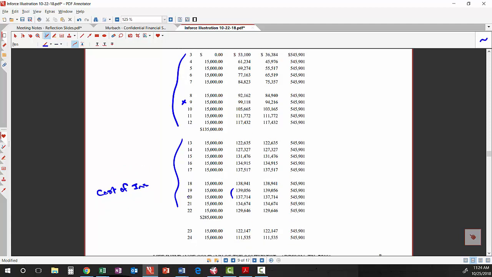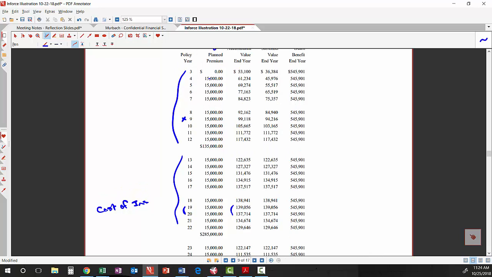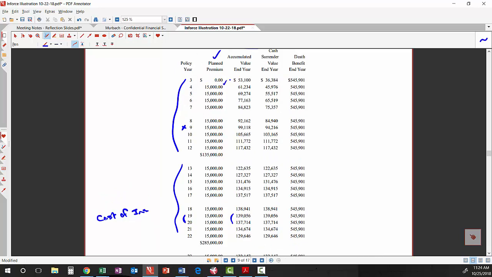all the way through, and you'll notice too that even though you're dumping in the $5,000, your cash value is increasing by less than the premium you're paying in.